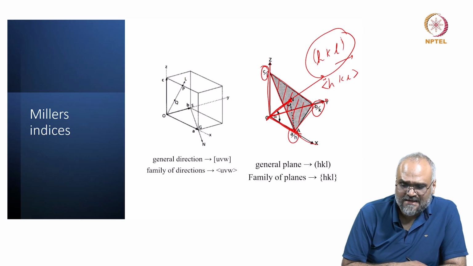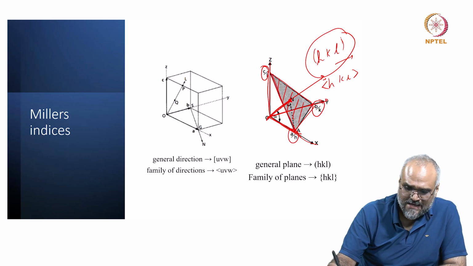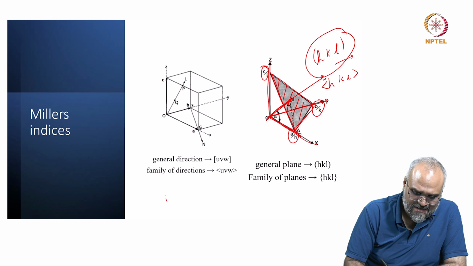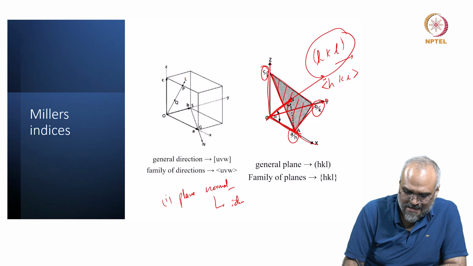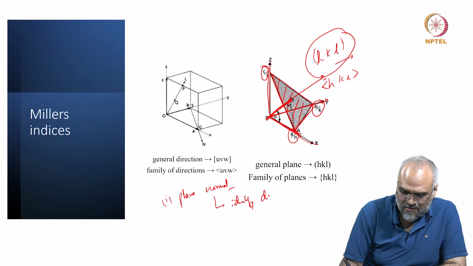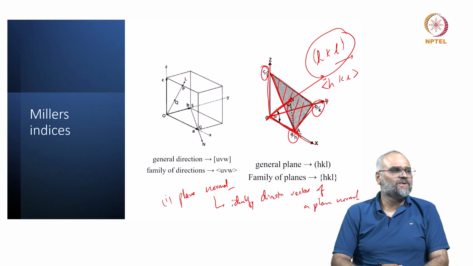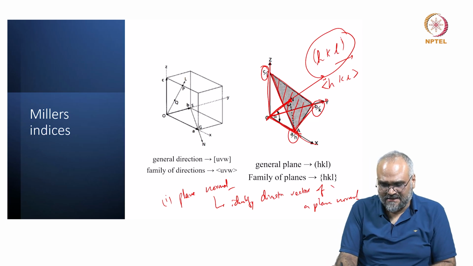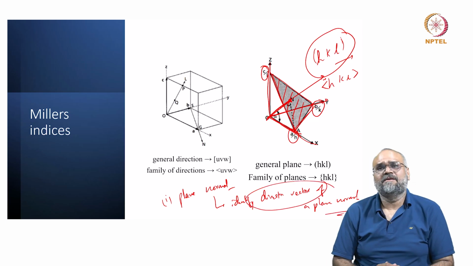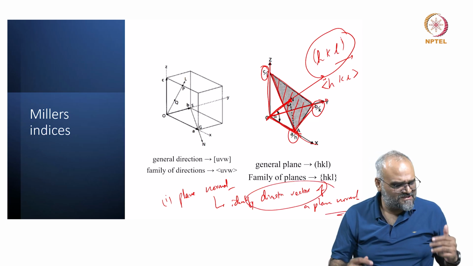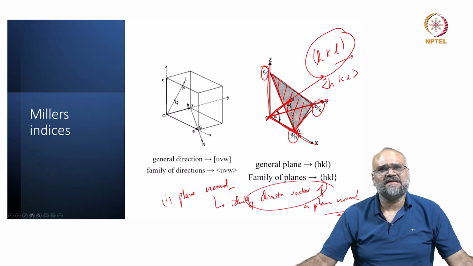But if I want Miller's index for a plane, I have to first take a plane normal and then identify direction vectors of a plane normal. So, with this I end up getting Miller's index for a plane as well. Let me show this with a very simple example.